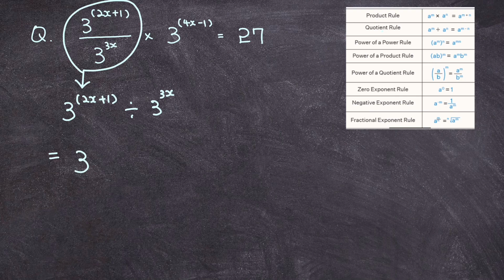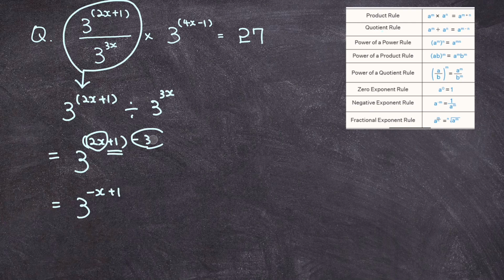The same base stays, and the exponent will be 2x plus 1 minus 3x. And if I solve that out, I get 2x minus 3x, which is negative x, and then plus 1 will remain.